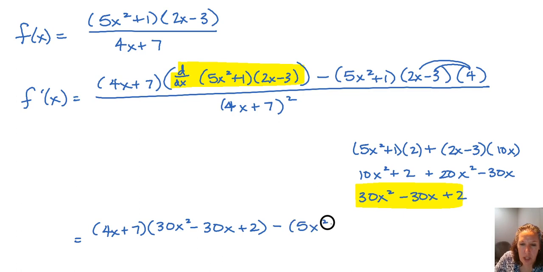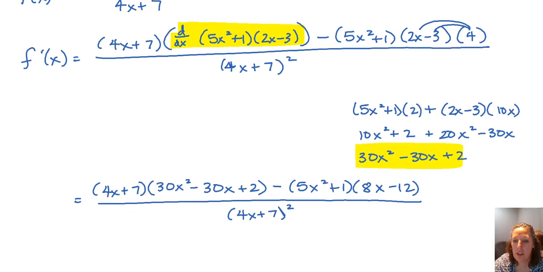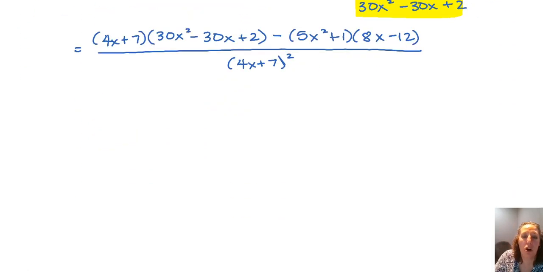I am going to have to multiply this all out. If I distribute those two, multiply those last two, we'll get 8x minus 12. And this is all still over 4x plus 7, quantity squared. So now we're done with all the calculus. All we have left to do is the algebra.